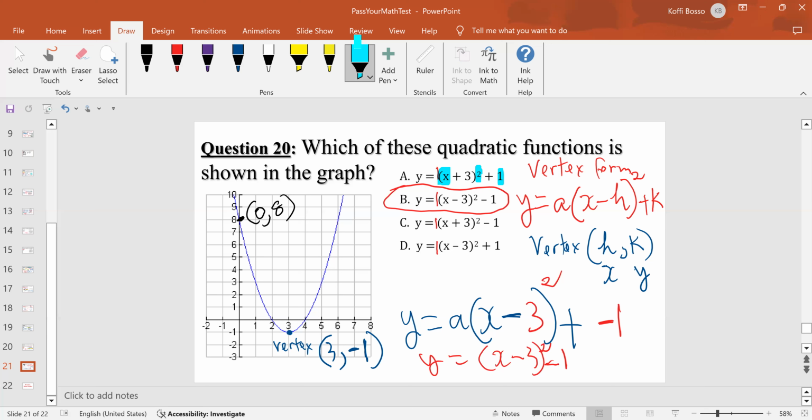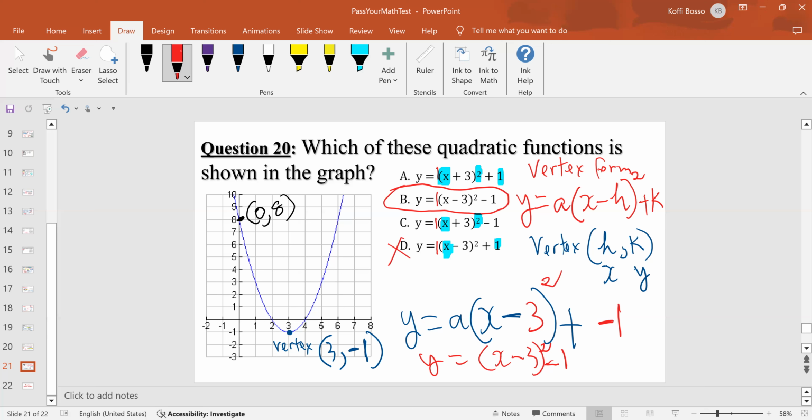You check for C, you replace x by 0. 0 plus 3 is 3. 3 squared is 9. 9 minus 1 is 8. So we might say, oh, probably C is the correct choice. Let's see D. You replace, you have negative 3. Negative 3 squared is 9. 9 plus 1 is 10. So that means also out.